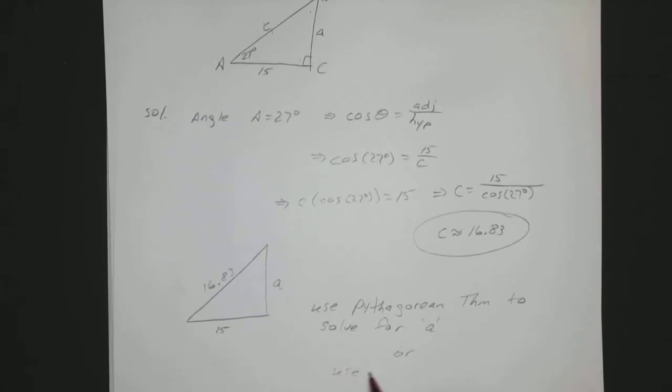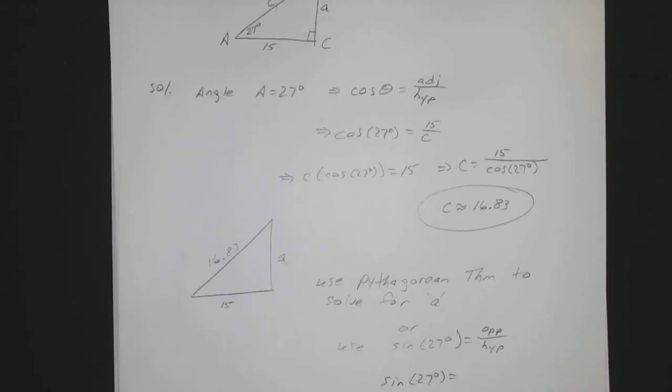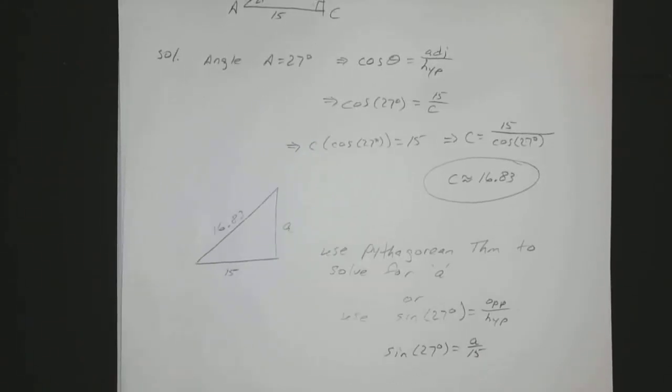Or use sine of 27 degrees, which is equal to opposite over hypotenuse. So sine of 27 degrees is equal to A over 15. Okay.